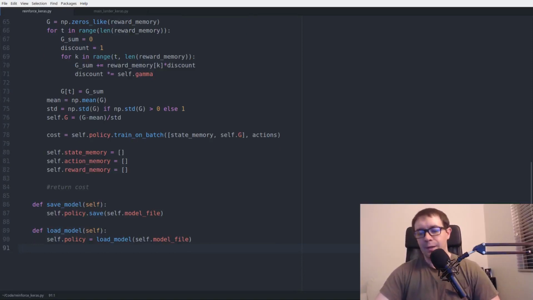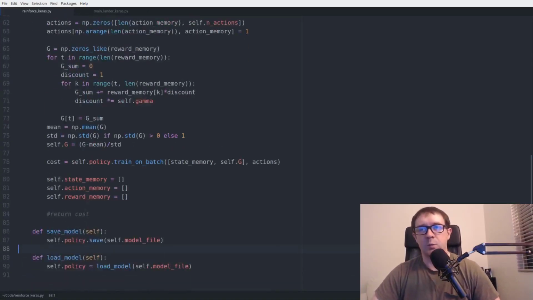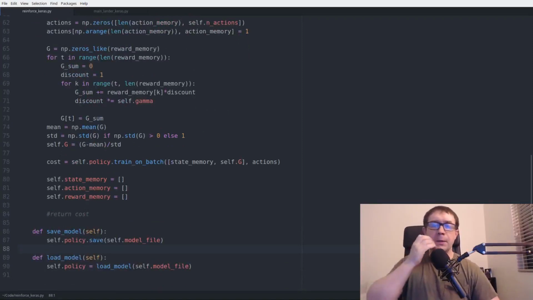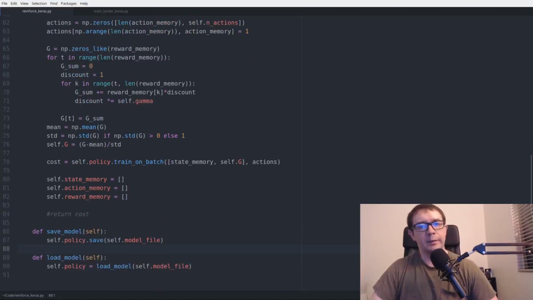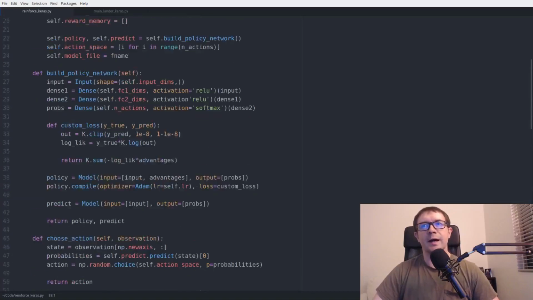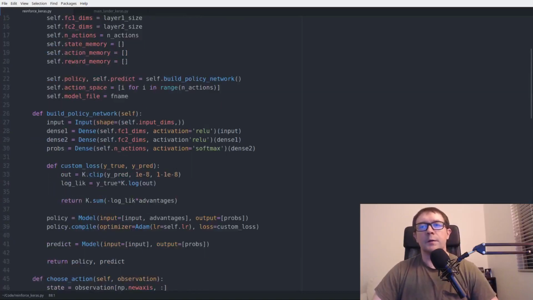Okay, so this is 90 lines of code, plus or minus some white space. So this is a pretty short program, and this handles the policy gradient algorithm in Keras. This is very straightforward. The highlights, just to go back over it, are this custom loss function. When you do that, remember you have to pass in y true, y predicted.